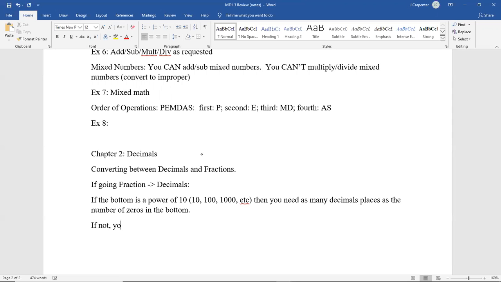If not, you must do the long division. With long division, you go until you don't have a remainder unless they tell you to round. If they tell you to round, you always have to go 1 more place.